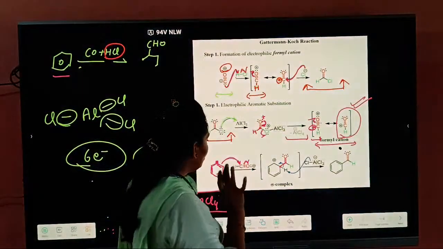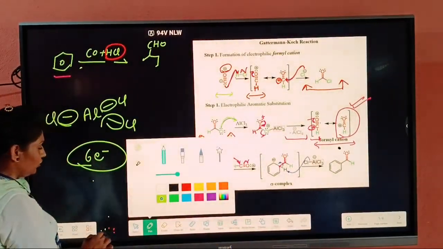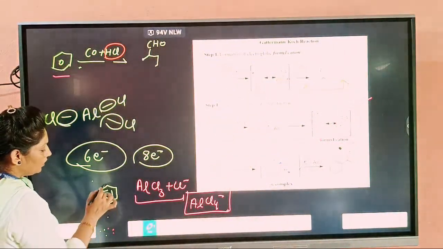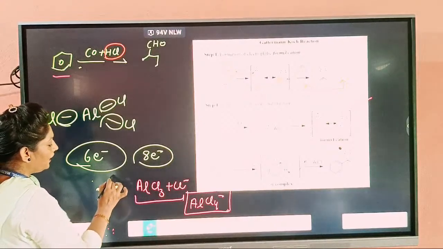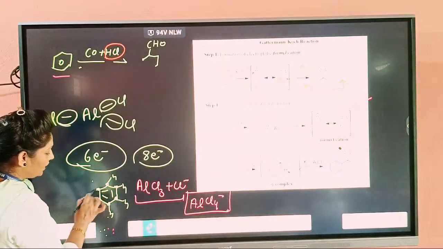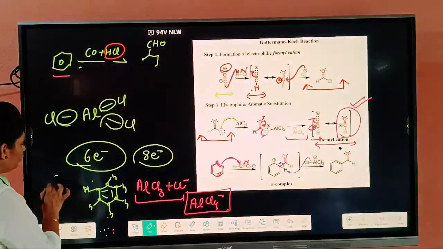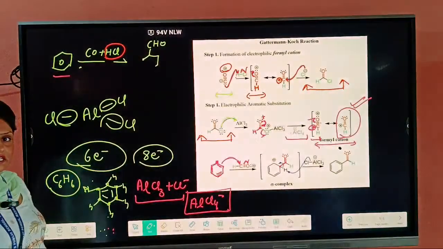Now students, you know very well, in the structure of benzene, at every corner one carbon is present and one hydrogen is also present here, because the formula of benzene is C6H6.